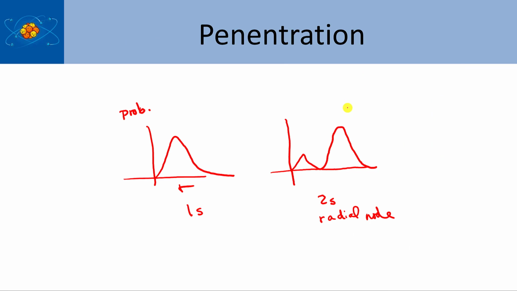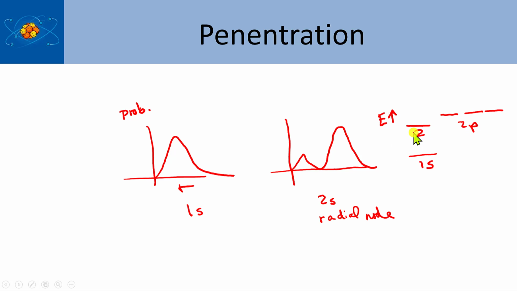So if I'm looking at 1s here, and this is energy on this axis going up, then 2s would be here, and then the 2p is a little bit lower than that. So this is 2s, and this is 2p.